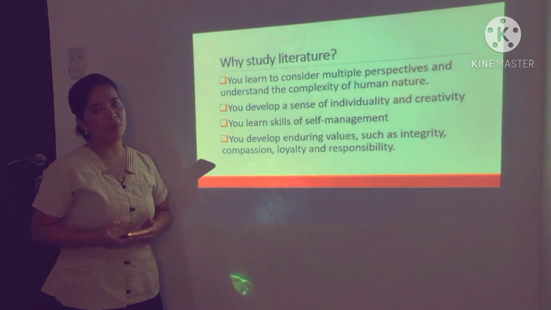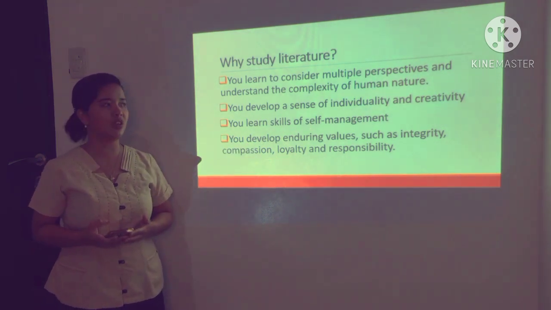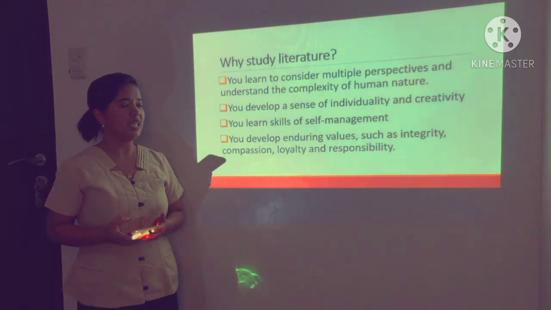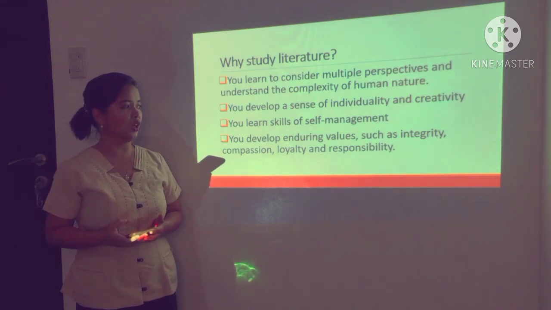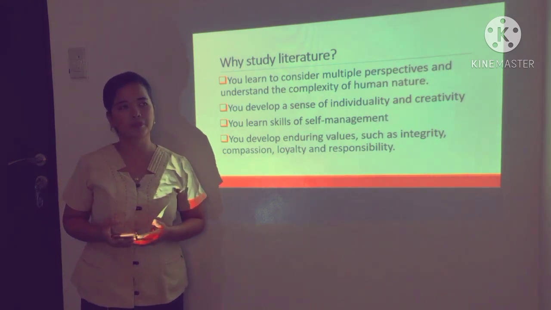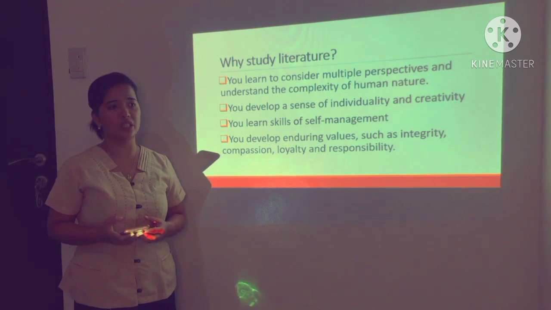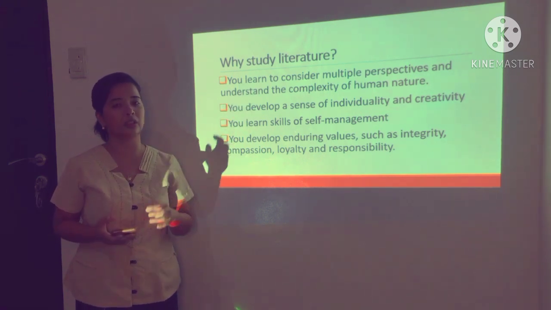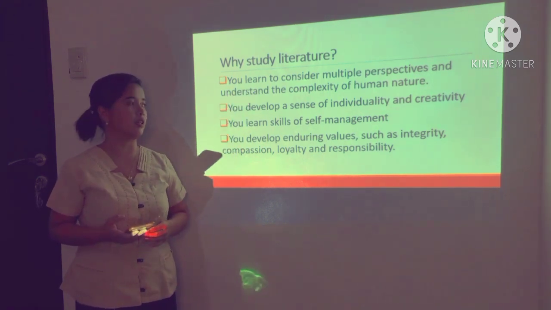So, self-management. Another one is you develop enduring values such as integrity, compassion, loyalty, and responsibility. The core of literature is to provide moral values to children, to students, or even to audiences.